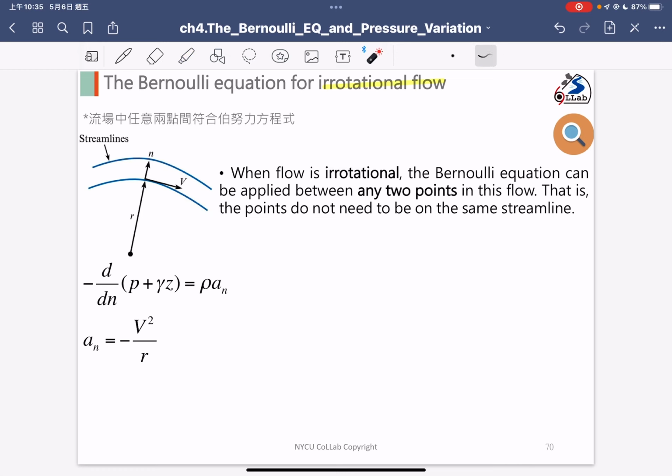We tell you the flow condition is irrotational. So how about the Bernoulli equation? As the sentence I write down here says, if the flow is irrotational flow, then the Bernoulli equation can be applied between any two points in this flow.